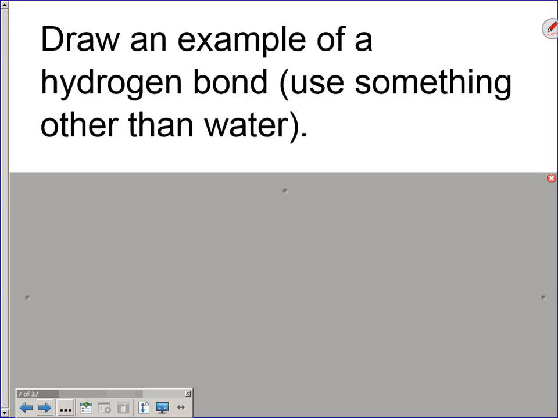Okay, so I want you to draw something. Draw a hydrogen bond. You may have drawn what I did, but why don't you draw something else? You need something to write with? I'll give you something to write with.